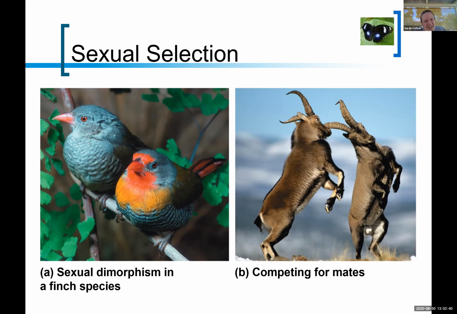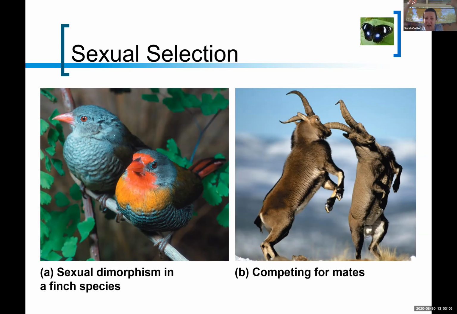But there are disadvantages to being showy, okay? So I always like to think about elk or deer. Elk and other deer often, not always, live in forests. And the males tend to have these big racks of antlers. Well, if you're living in a forest, how convenient is it to have these big things hanging off your head?